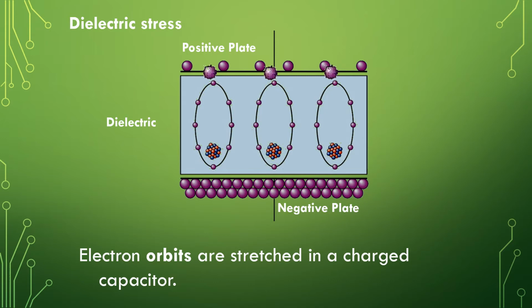The capacitor will then become a short circuit and will no longer be able to store a charge or function properly in the circuit. We call this dielectric stress. You must make sure not to exceed the voltage ratings of a capacitor, so that you do not put it under undue dielectric stress, which will result in capacitor failure.